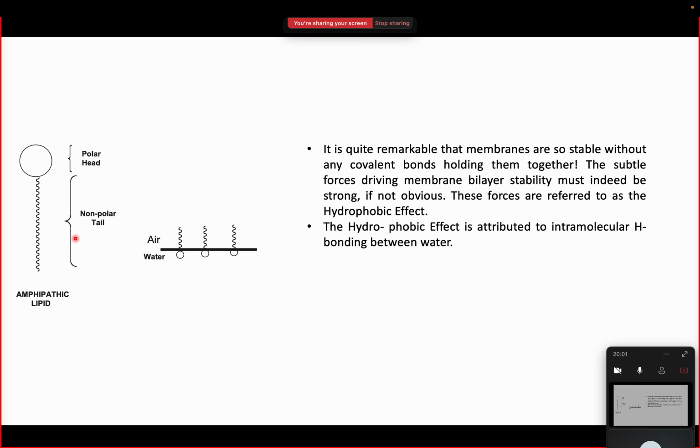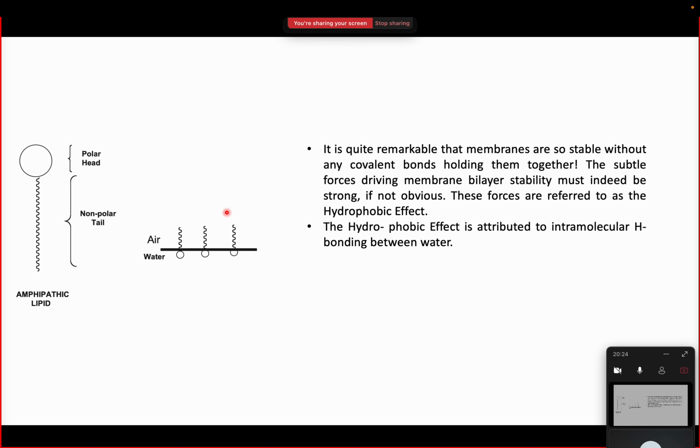The interaction which the non-polar tails provide is called the hydrophobic effect. Why? Because these are hydrophobic in nature. The tails do not want to reside in water, and hence they will try to orient themselves in an energetically favorable condition, which is when the tails are away from the water, and hence they orient the molecules in this structure.